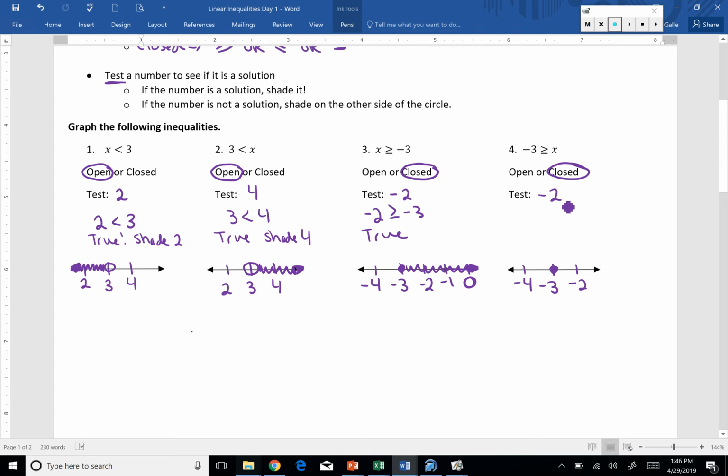The 3 I've tested so far have all worked. If I would choose -2 to test, let's say, -3 is not greater than -2. It's not bigger than -2. My gator's still going to be hungry if it's eating -3. So this is actually false.